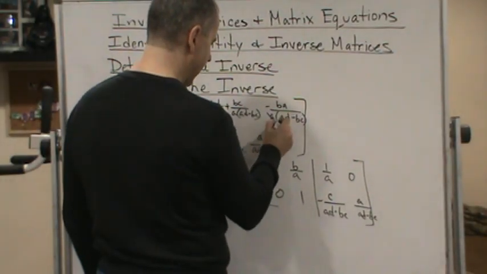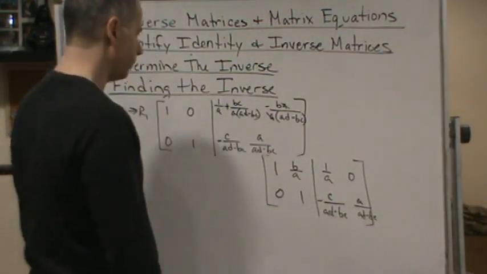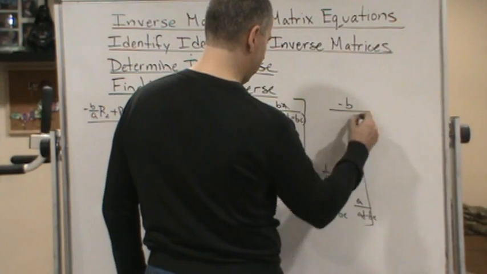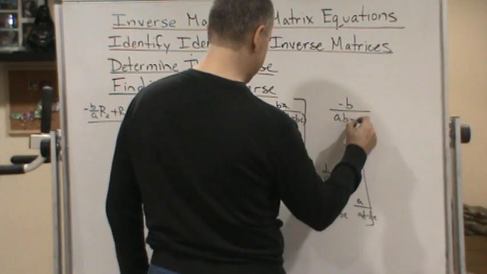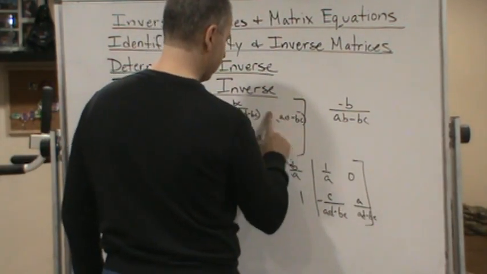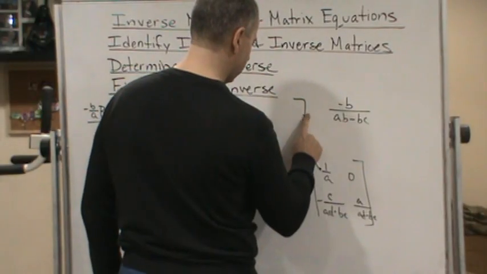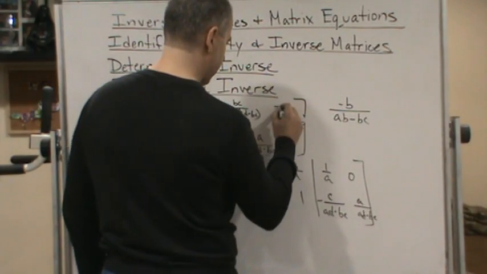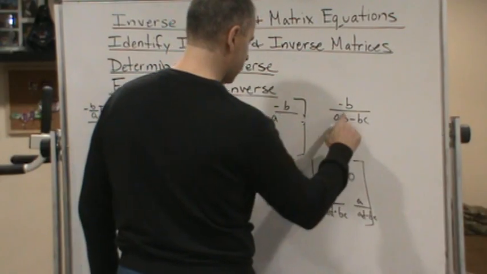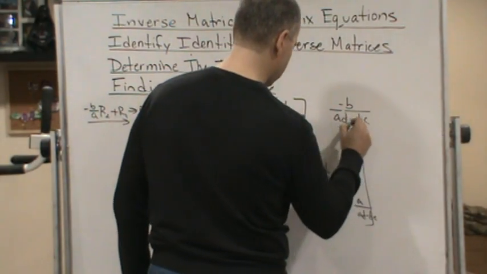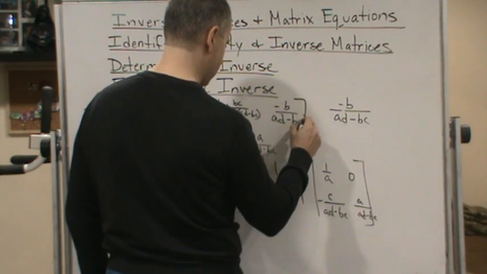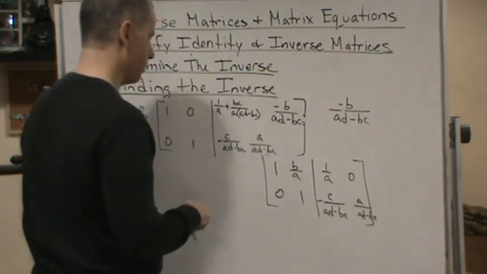All right, so now, okay, so now the A's are going to cancel here. So what we get here is just negative B over AD minus BC. So let's just simplify that. So that's going to be negative B over AD minus BC.